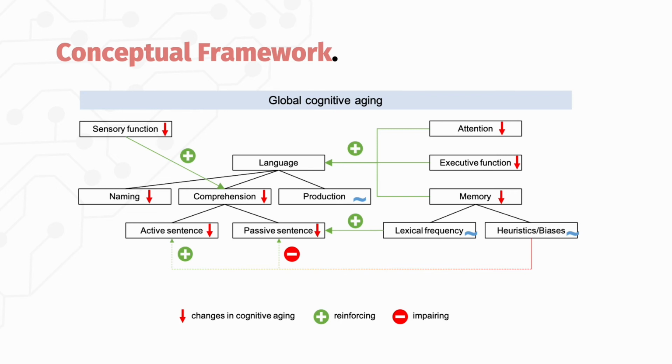Also, lexical frequency and memory have an influence on each component of language comprehension. The change in cognitive aging is shown by the downward arrows in the diagram.